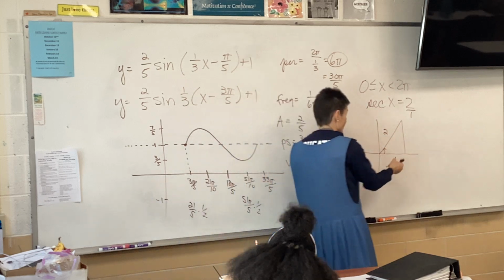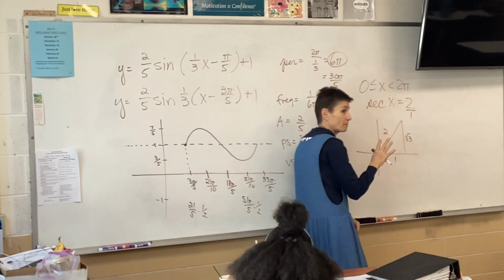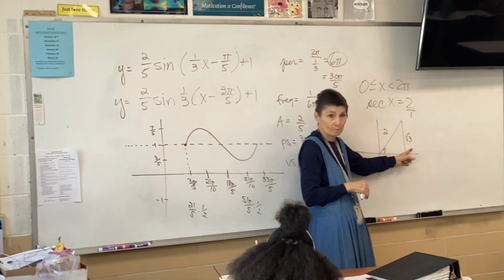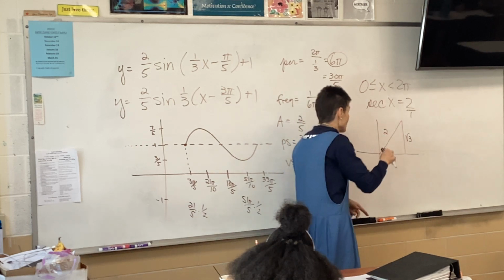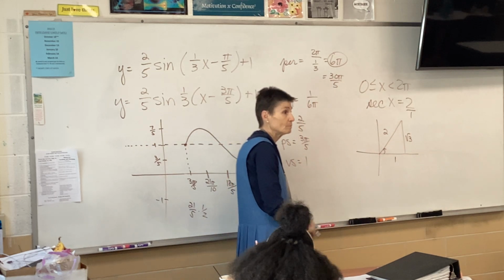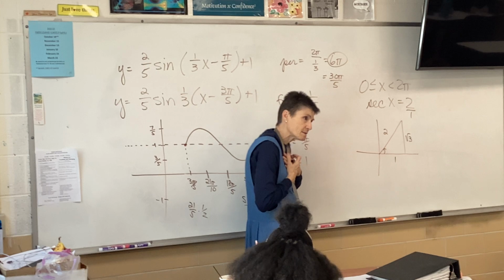So this side is √3. You can use the Pythagorean theorem, but hopefully by now you don't need to. You see a 1 and a 2, that's going to be a √3, which means this angle is how big? 60, which is great, except I'm in radians.